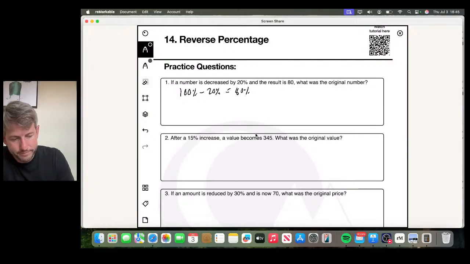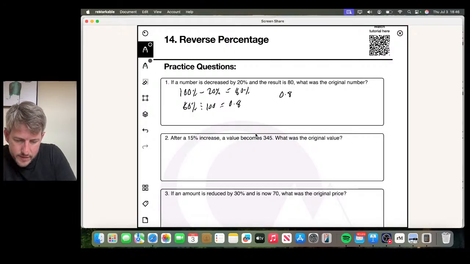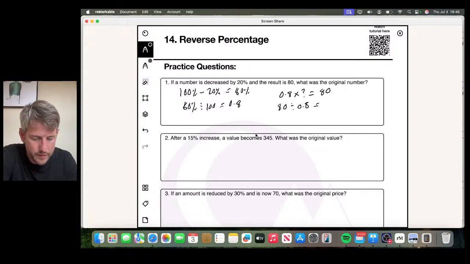So, 80%, 80% divide 100 equals 0.8, and then so 0.8 times something equals 80. So we do 80 divided by 0.8, and is this the easiest way to do it?